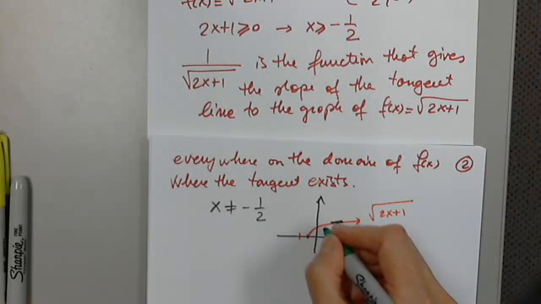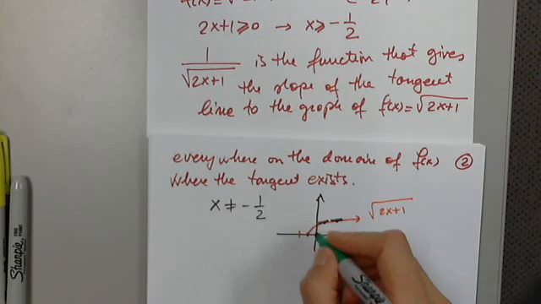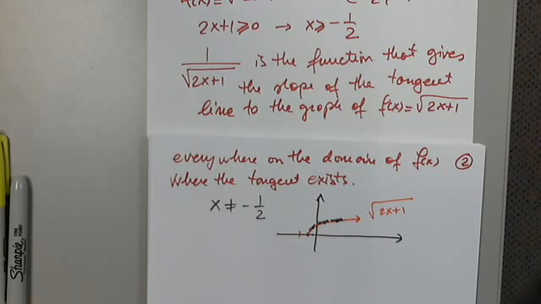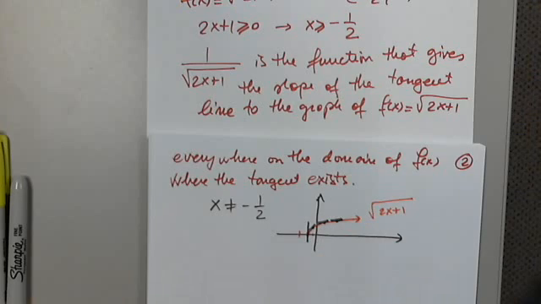Then for this x value, show me the tangent. Yes, no problem. But there is one point in which I have to show you this. That is a vertical line. What is the slope of a vertical line? Undefined.